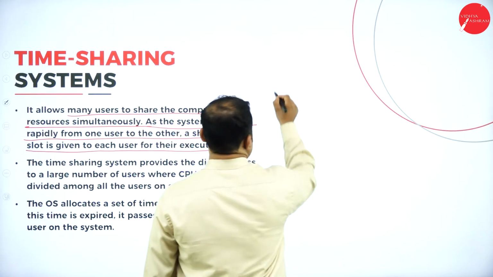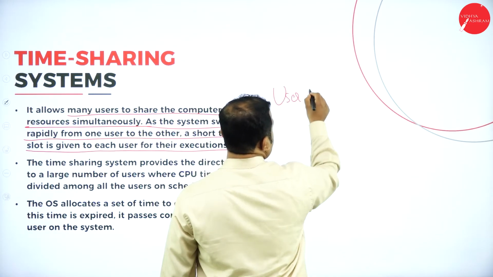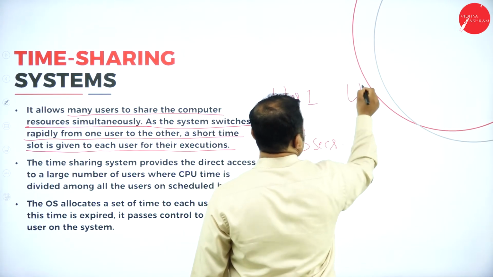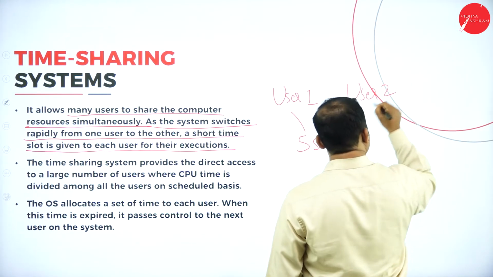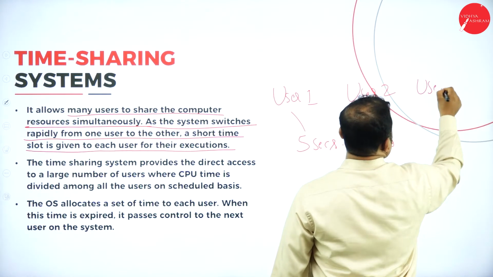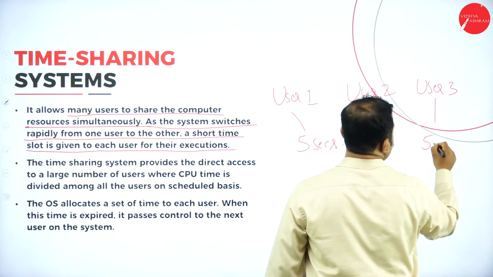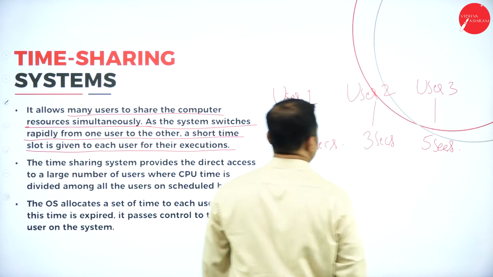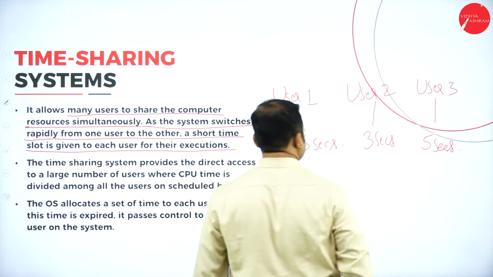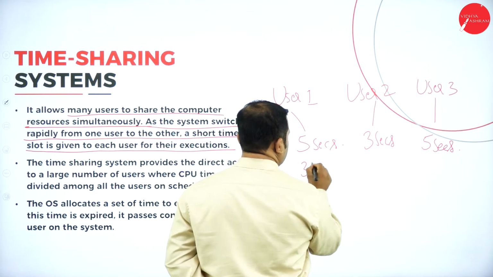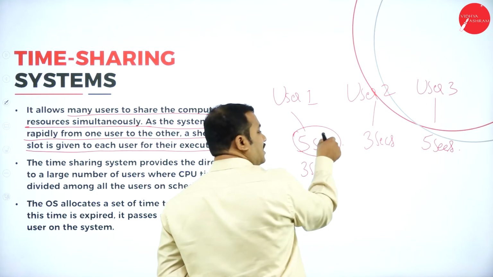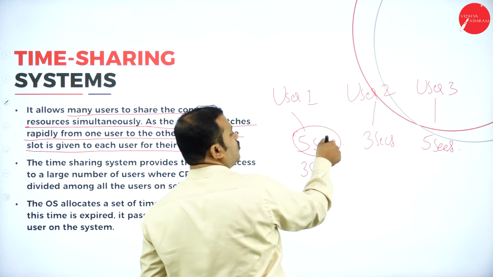Let me take you into this now. What is the meaning of this? Suppose user 1 wants to use the system for 5 seconds, user 2 wants to use the system for 3 seconds, and user 3 wants to use the system for 5 seconds. If there is a time quantum of 3 seconds for each of these users, then what happens? 3 seconds are dedicated to this user and the remaining 2 seconds are needed to execute the same program.